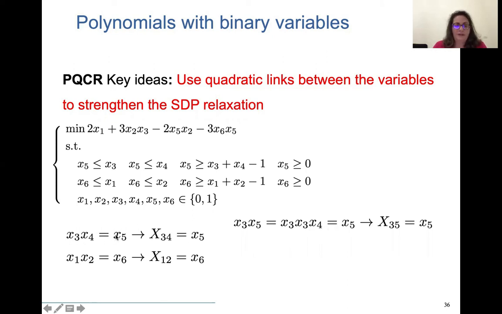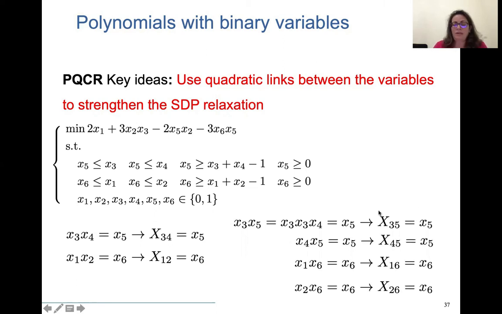So from this, you can deduce that x3, x5 is equal to x5, and this gives you a new constraint in your SDP program. So you have this new equality in your SDP. And you can build several other ones with the same idea.